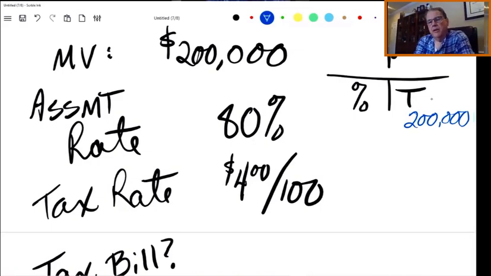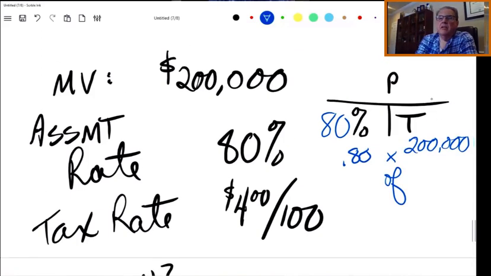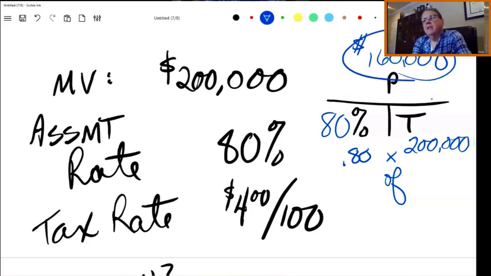The assessment rate is 80%, or 0.80, whichever one you prefer using. Well, 80% of 200,000, the part that represents assessed value, is 160,000. That's the first step in our solution.